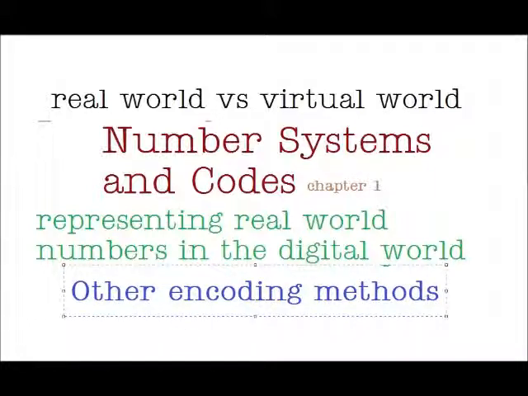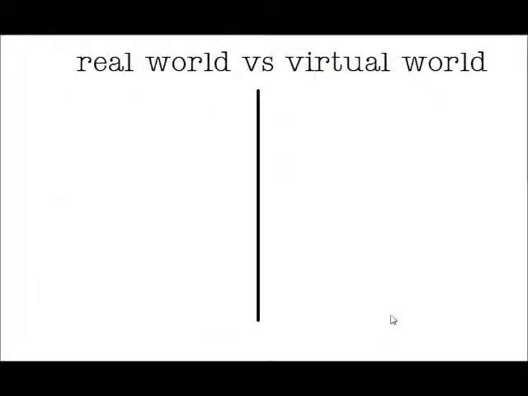Okay, so let's start with the real world. Let's compare what's in the real world versus that of the digital world. So let's see what's the differences between the real world and the virtual world.